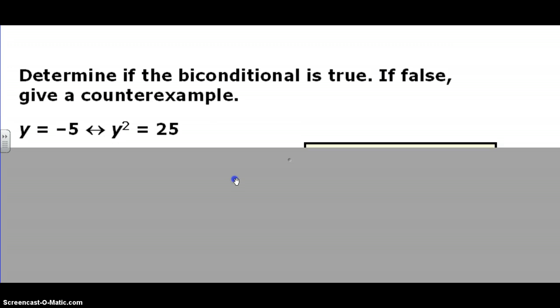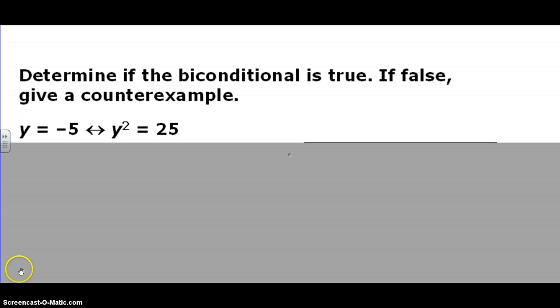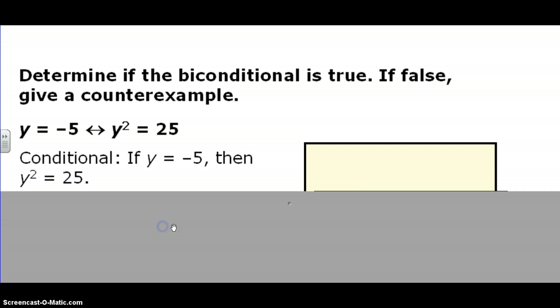Here's another one for you. What does this say? y equals -5 if and only if y squared equals 25. So let's see. The conditional would be if y equals -5, then y squared equals 25, right? Is that true?